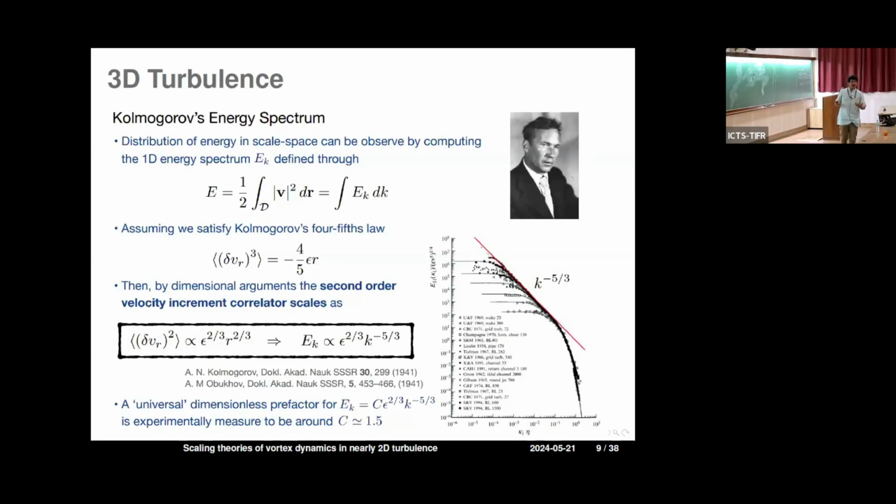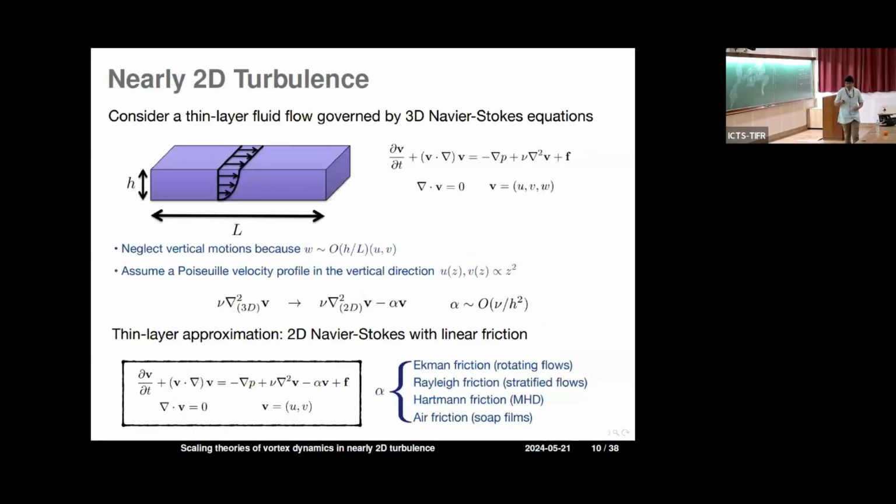Based on dimensional arguments, one can show how the third-order and second-order structure functions, which are the kinetic energy representation in terms of energy spectra for 3D, behave under self-similarity and inviscid limits. The same thing applies if one would like to understand 2D geostrophic turbulence. The easiest way to understand it is that we will always have wall friction, the earth might be spinning, so friction will be there, Ekman layers and so on.